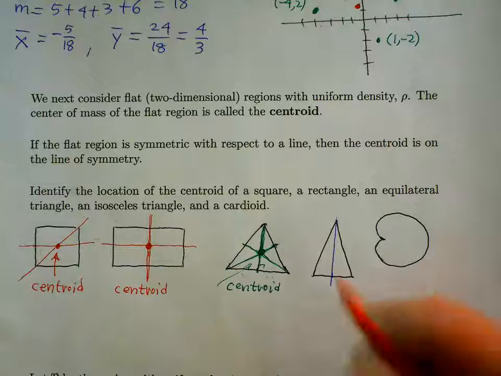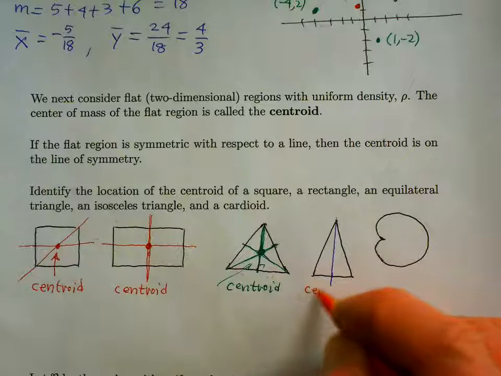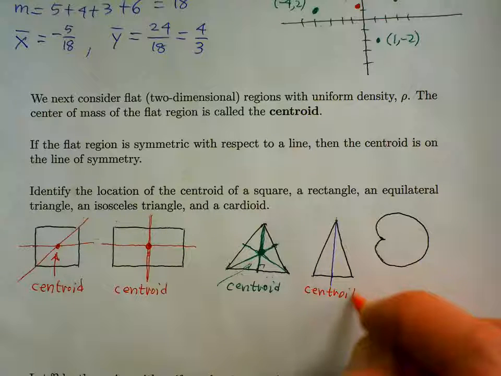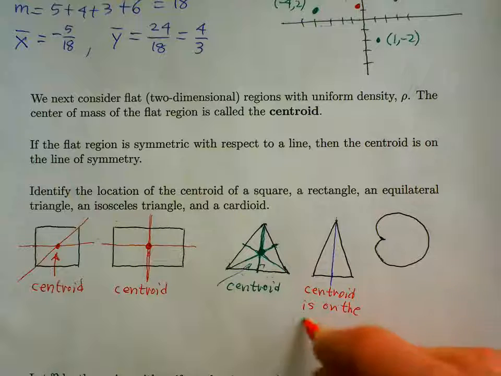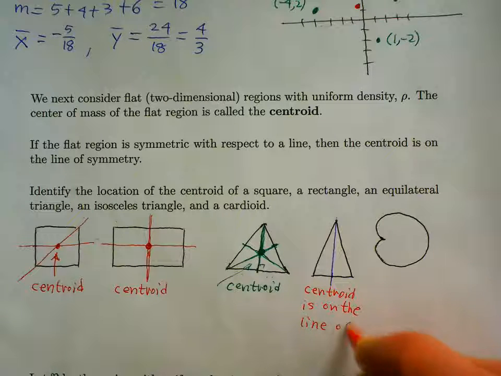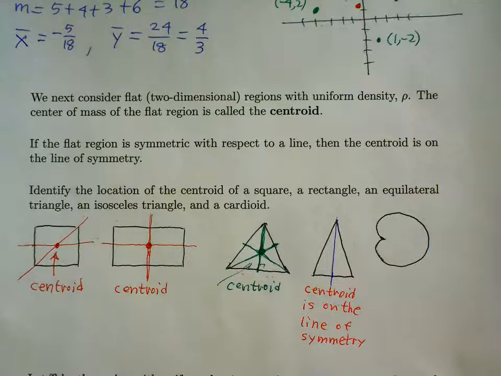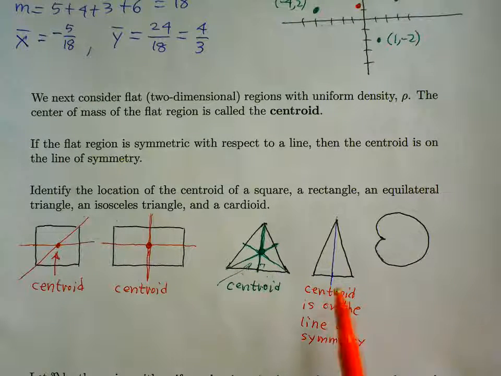So the centroid is on the line of symmetry. And where it is depends upon the relationship of the length of the two congruent sides and the third side.